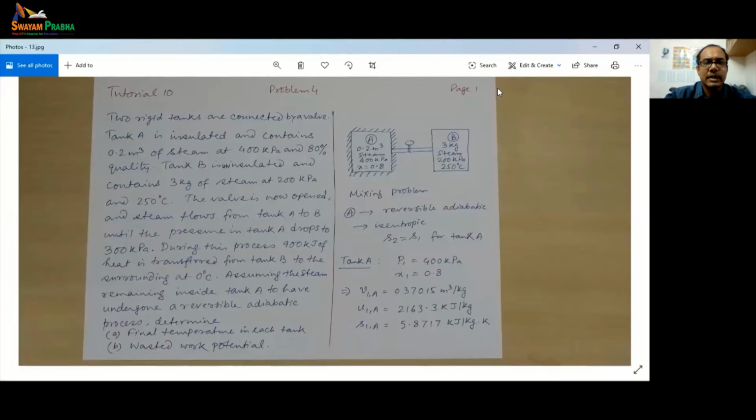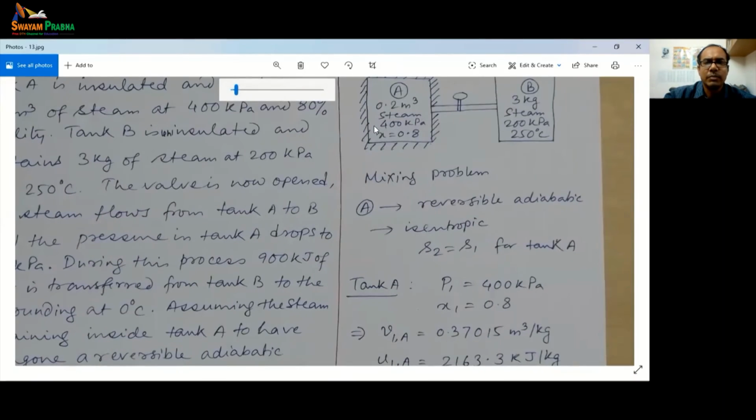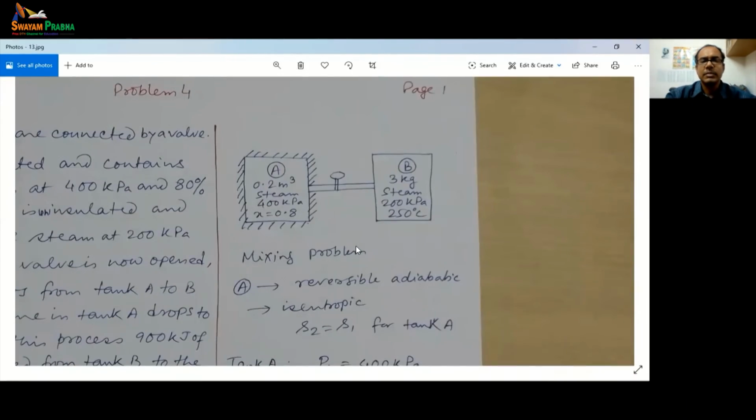Okay, so let's take the next problem, which is the fourth problem of this tutorial. And this is a classical mixing problem. We have looked at a similar mixing problem in the last tutorial as well, where two tanks of gases were mixed, and we have looked at how the entropy is generated.